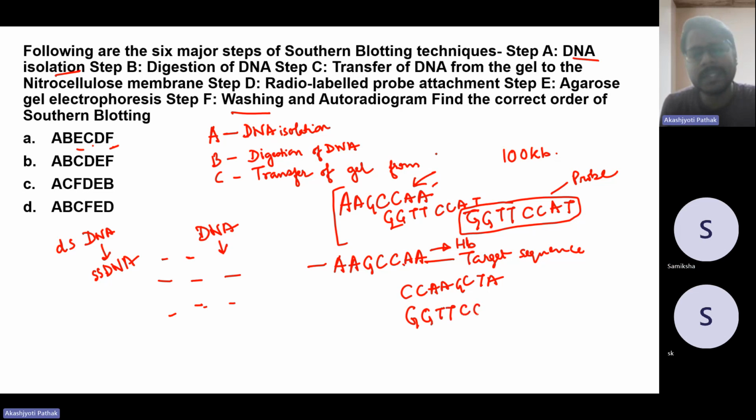But at the same time, there are chances that it can also show non-specific binding, as I was giving you in this example. Fragments which are not exactly complementary to the probe can still show binding, because some regions of the probe sequence might be complementary to any other sequence present on your membrane. In that case, it will show non-specific binding, isn't it?